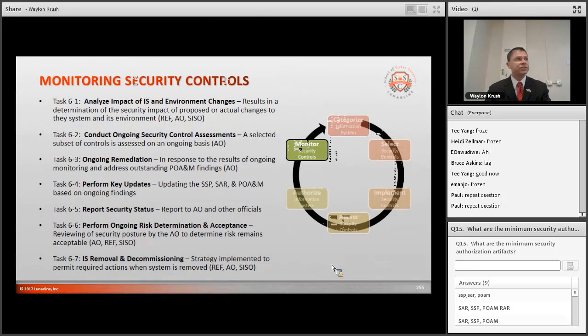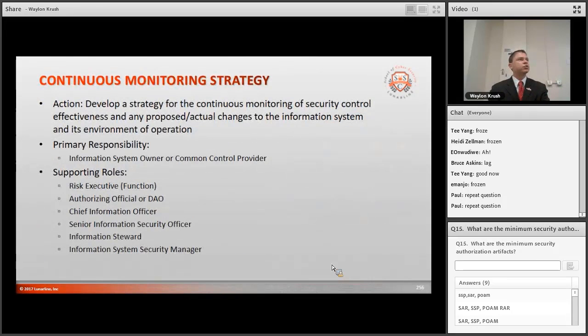NASA is not really considered a small organization, but you might be Kennedy Space Center, and you might have a smaller team, so you wouldn't have to have that independence. You still got to have an independent government person reviewing it to make sure that you followed the proper process structure, you tested the impacts of the controls, and you updated the SAR, the POA&M, and the SSP based on the findings.